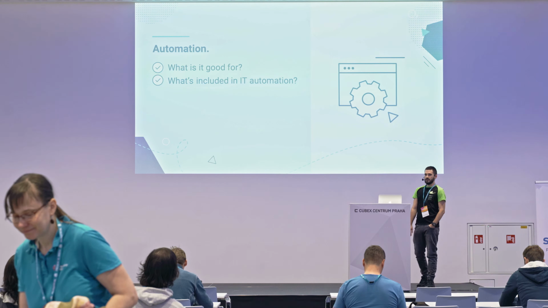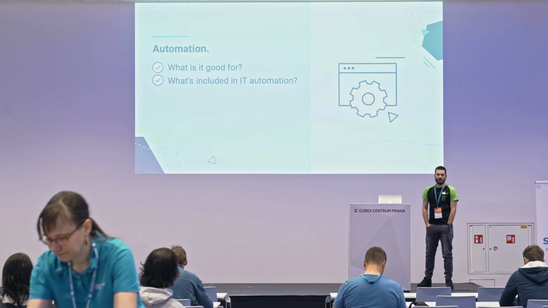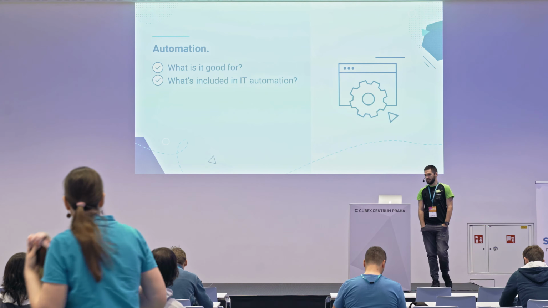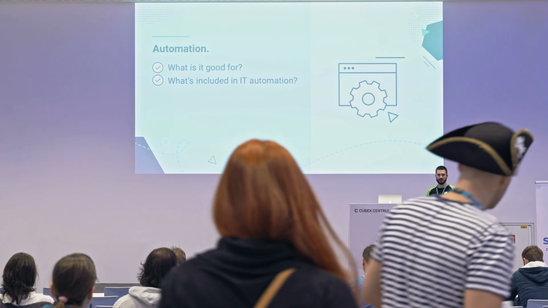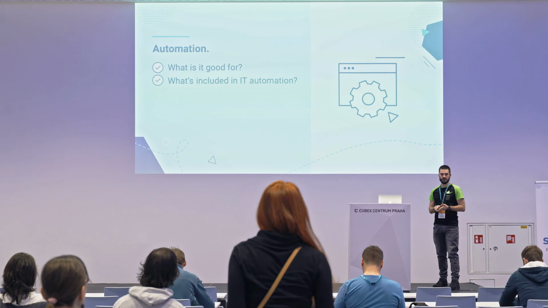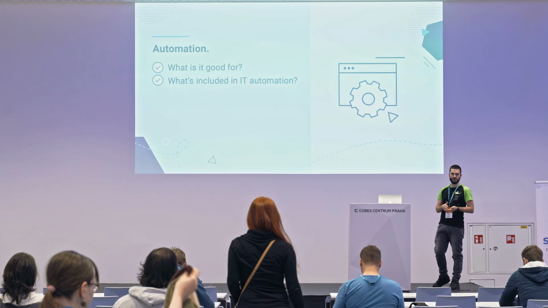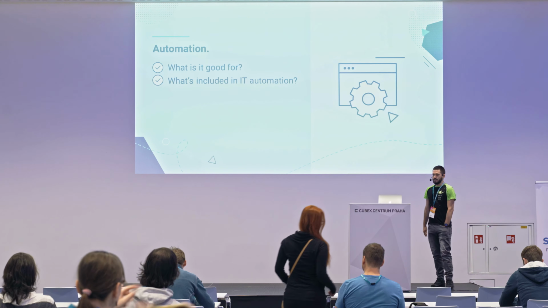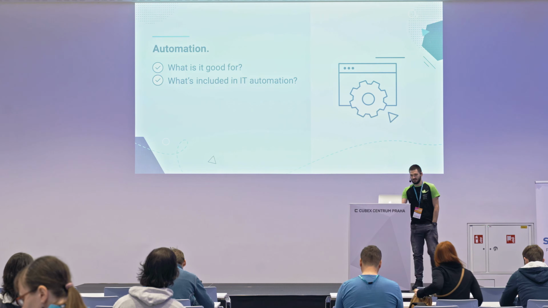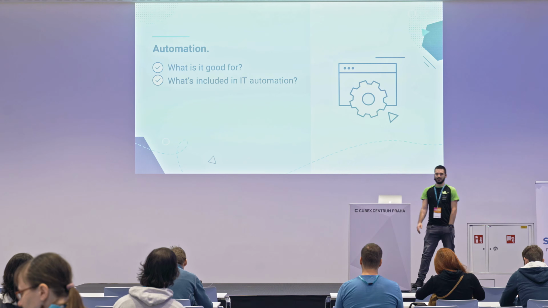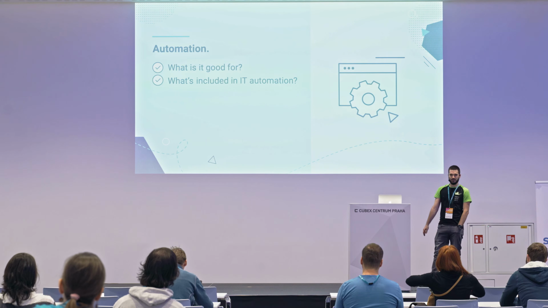So first, a few words about automation. By automation I mean creating defined tasks that are executed automatically without the need of human interaction. And as my DevOps friends say, everything that you should do twice should be automated.